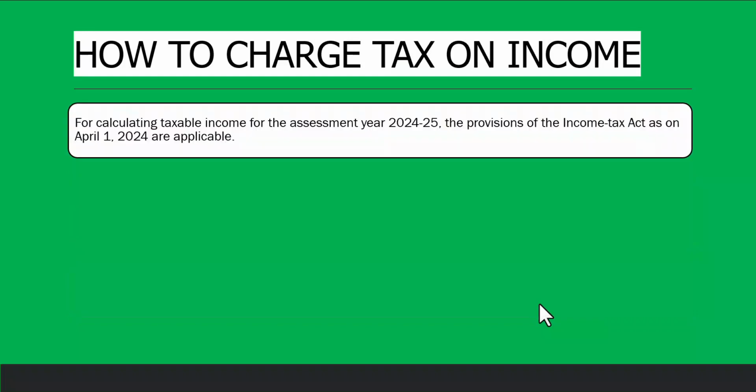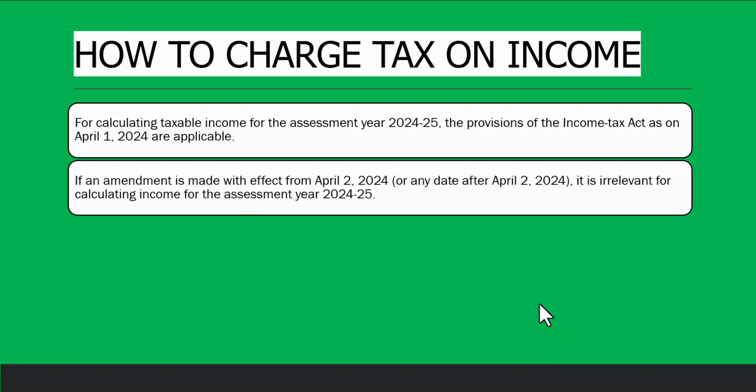Okay. For calculating taxable income for the assessment year 24-25, the provisions of the Income Tax Act as on April 1st, 24 are applicable. So that means whatever income tax provisions were applicable on 1st April 2024 become the law for the purpose of taxing a person. If an amendment is made with effect from April 2, 24 or any date after that, it is irrelevant for calculating income for the assessment year 24-25.